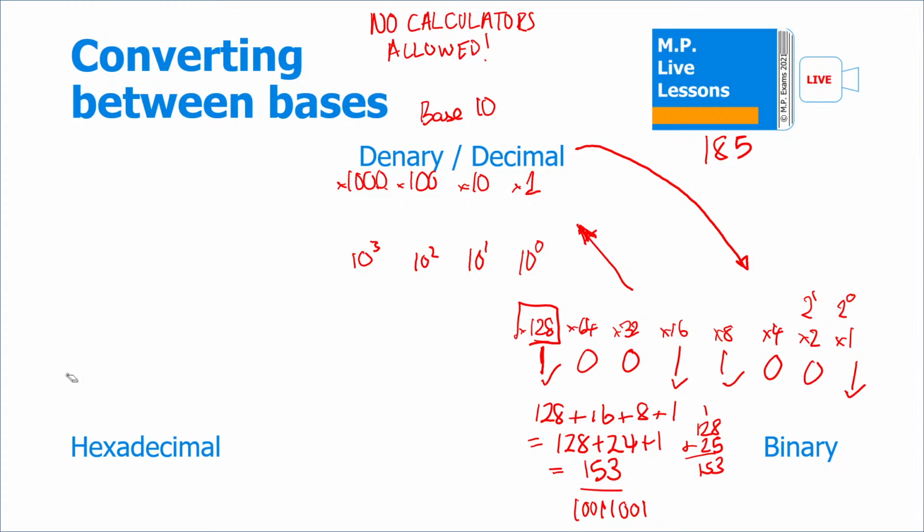Now if I rub out our little table again, what we first do is we take the largest number we see in the table, we put a 1 in its column, like 128 is the largest number that will fit into this 185, and then we take it away.